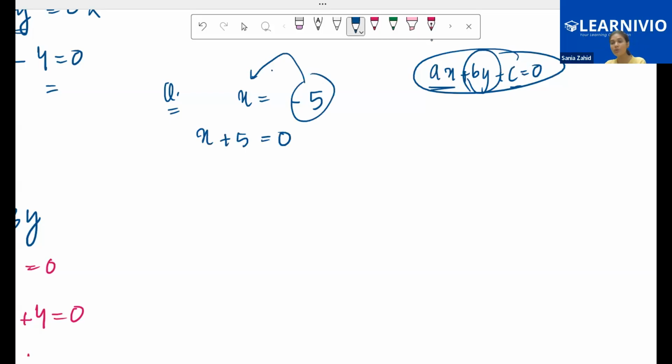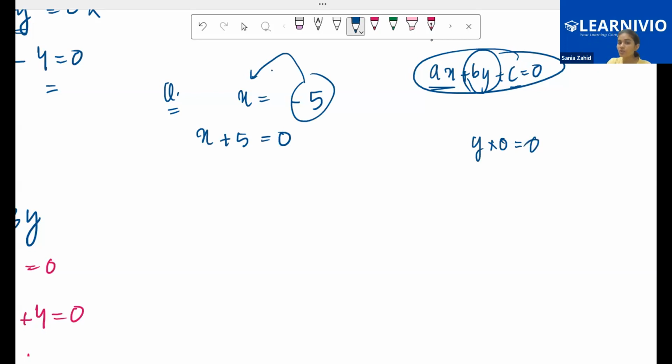Now I also want to add y. Now tell me one thing, children. When I multiply any number with 0, what do I get? 0. I get a 0 only. So if I multiply y with 0, what do I get? 0 only I'll get.